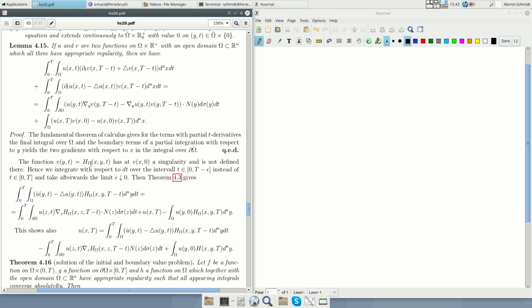For this function, we insert for v the heat kernel. Then clearly we get problems, since at 0 this is not well defined. So for this term we have a problem, and in order to avoid this problem, instead of integrating from 0 to capital T, we integrate from 0 to T minus epsilon, and then take the limit epsilon going to 0.